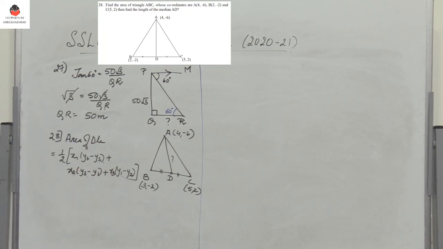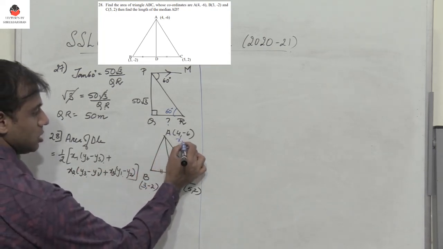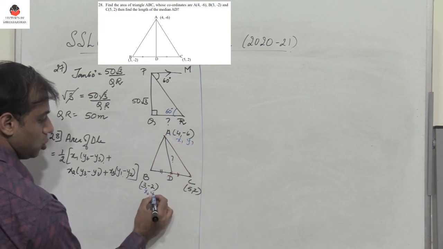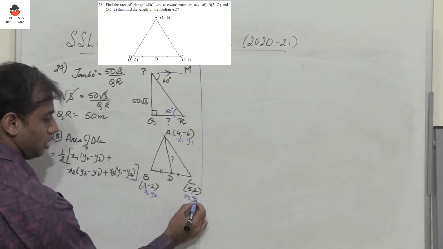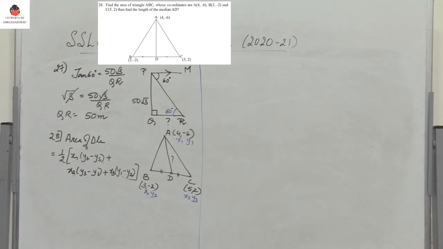So let me name what x1 and y1 are. So this is x1, y1, x2, y2 and x3, y3. So let me substitute the values and we'll find out the answer.